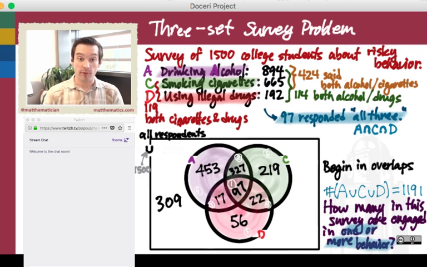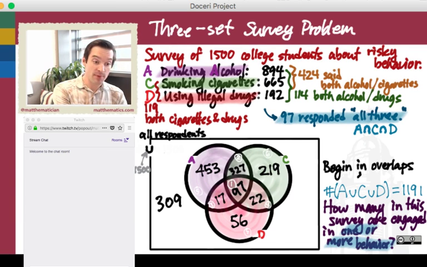Every survey problem strategy always boils down to this process that we just did. The best strategy is to take the information that you have and begin in the overlaps. So start with the most restrictive category that you can find. In this case, it was the people who responded, yeah, I do all three of those things. Label the innermost intersection.